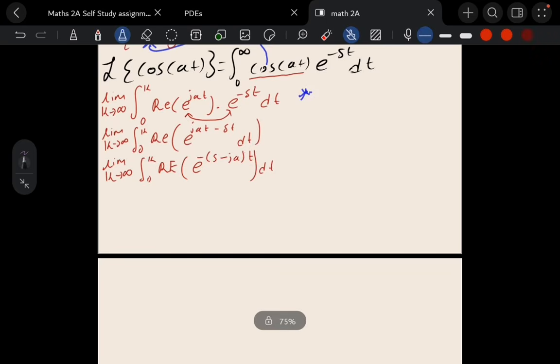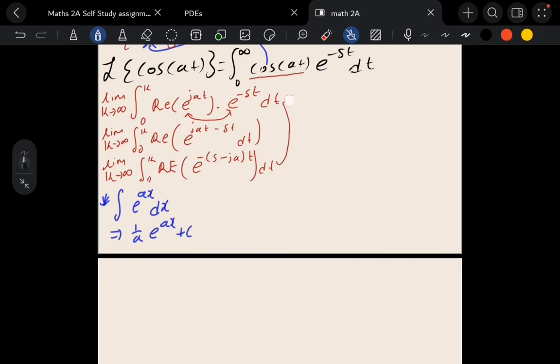We use this analogy here, that the integral of e^(ax) dx is the same thing as 1 over a e^(ax) plus c.